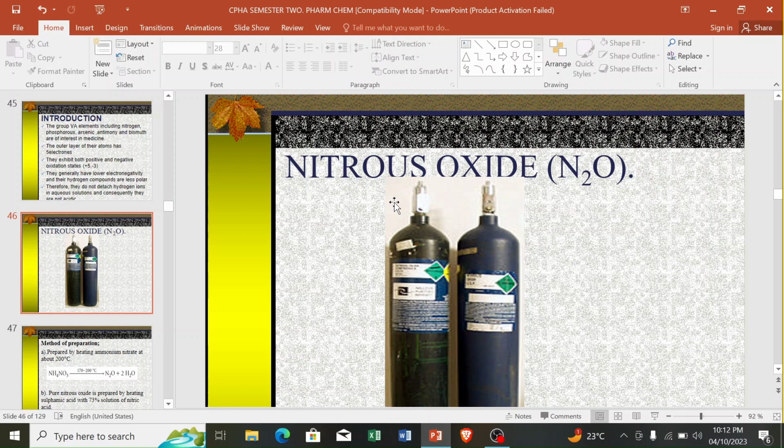Nitrous oxide is one of the compounds of group 5. Leave alone the elements; we already looked at elements like nitrogen and phosphorus, but now we are looking at the compounds of group 5 elements. Nitrous oxide is one of the compounds, and we can pack it in containers that look like this.